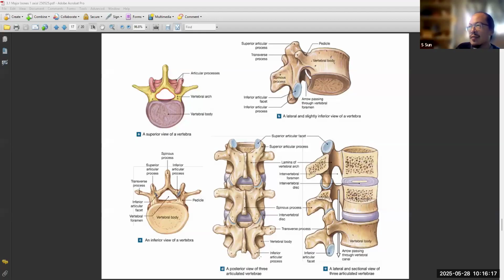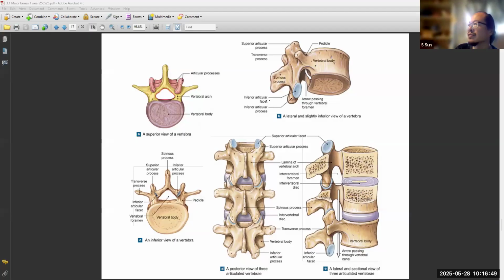So totally, let me correct my counting. You have 1 spinous, 2 transverse, so left and right, 2 superior arcuate, and 2 inferior arcuate. So you have 7 processes from that arch.